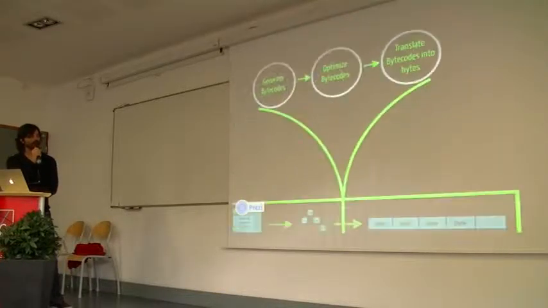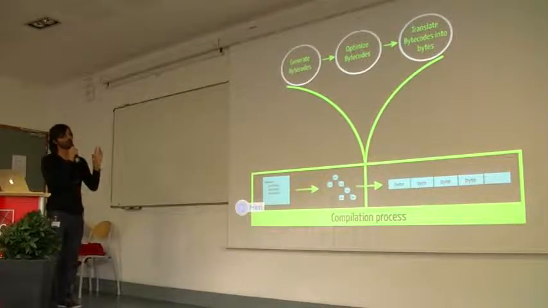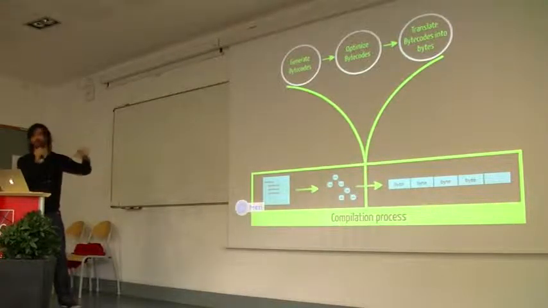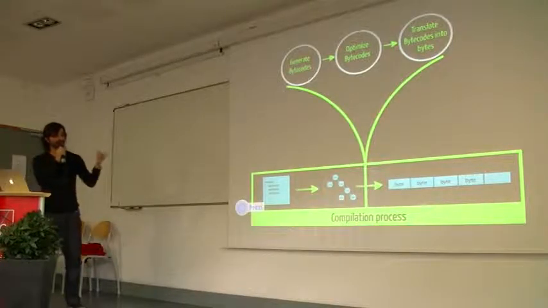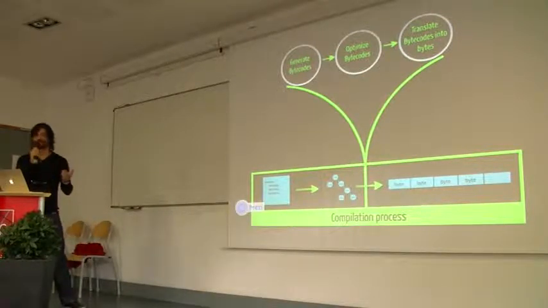And the important thing here is that this can be time consuming because we are creating objects. But first of all, it is done at compilation time, so we can afford that.